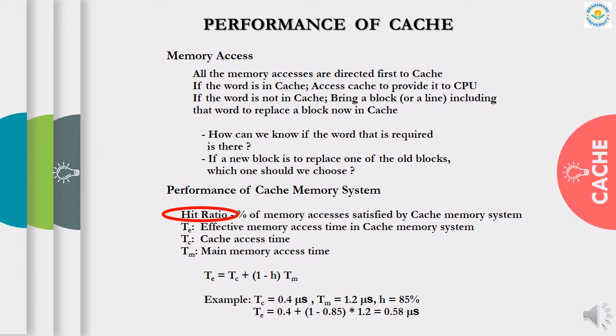This is called a cache hit. If the data is not present in the cache, the CPU has to access the data from the main memory, and usually it writes the same data into the cache as well. This is called a cache miss.